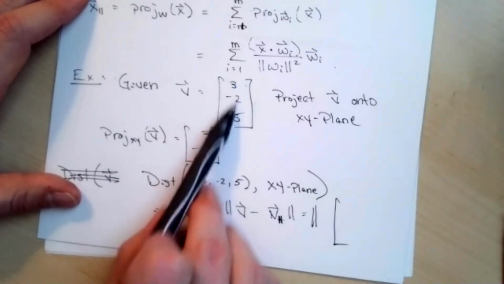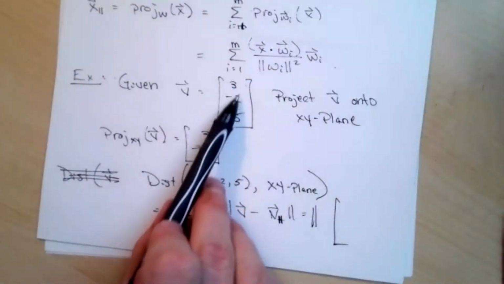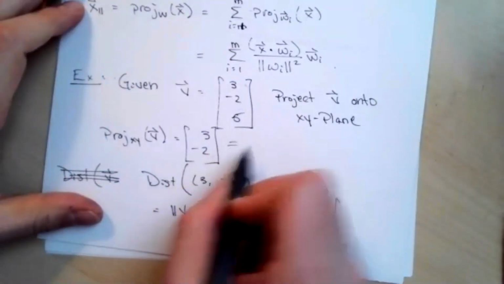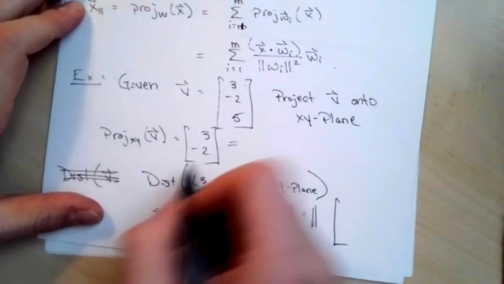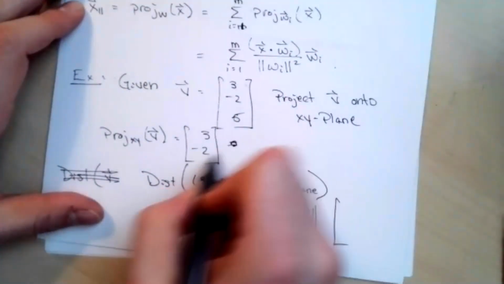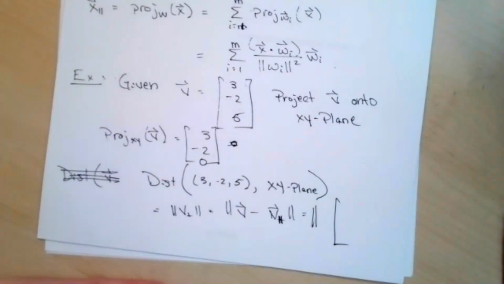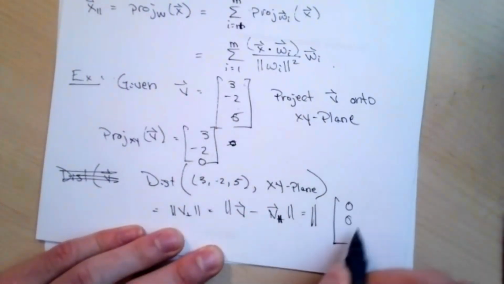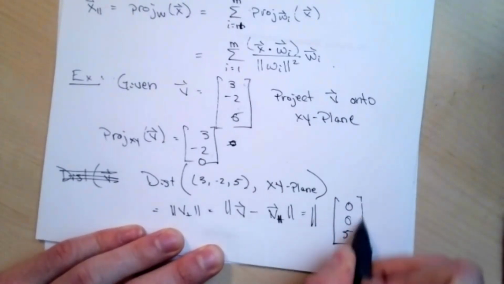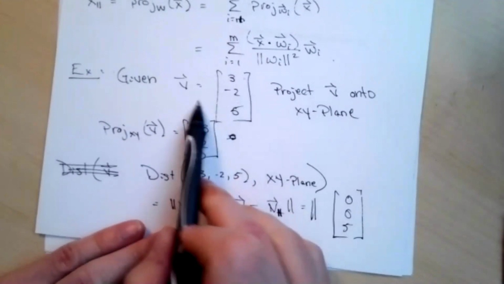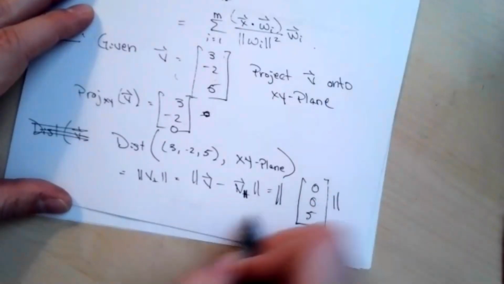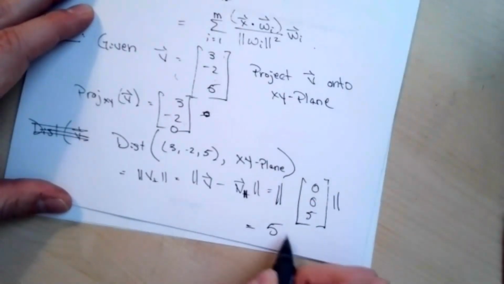Well, it's the component in the direction of the xy plane. Since we are considering our xy plane sitting inside R3, we should include that third coordinate, our 0. So we are just getting rid of the z coordinate. We subtract this off, and what we're left with is just the z coordinate itself, the orthogonal component of v to the xy plane. And so, of course, the length, or the distance of that point, is just 5.